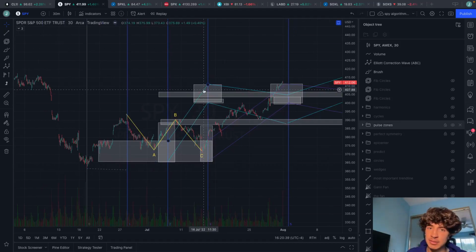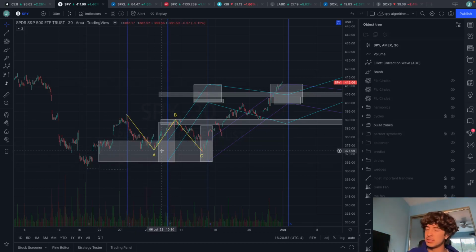And the Fib time zones allow me to give time frames for where and when it will break out and hit these targets, which I measure with Fib retracement.